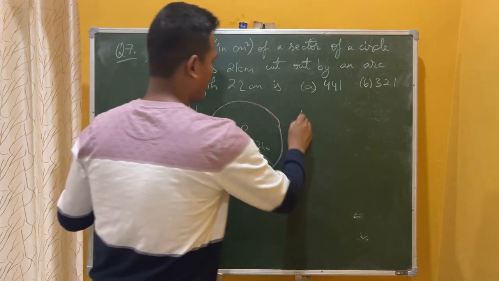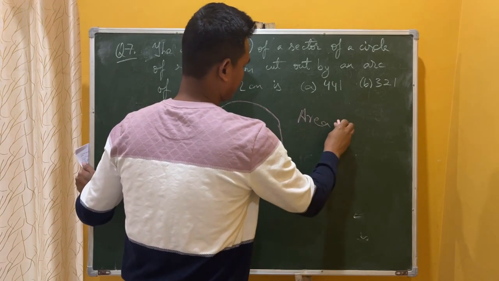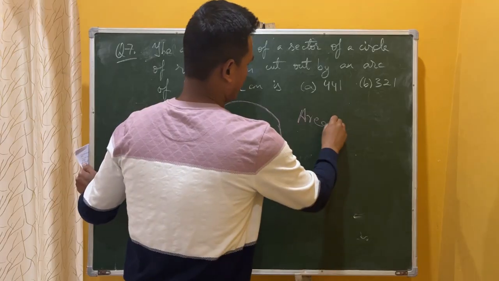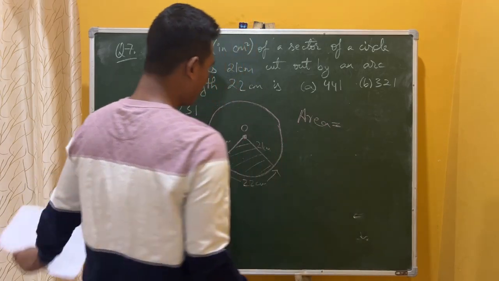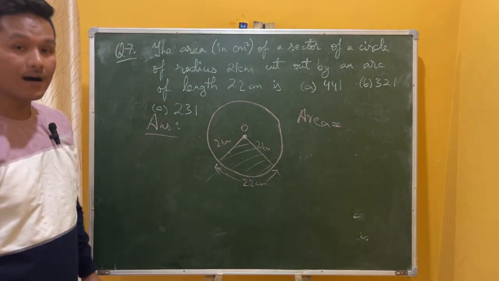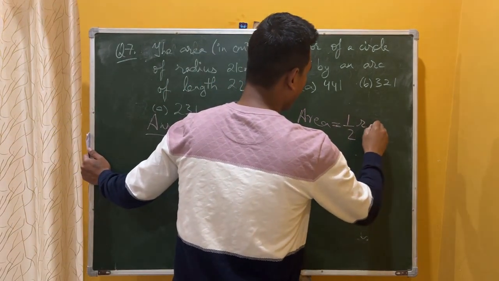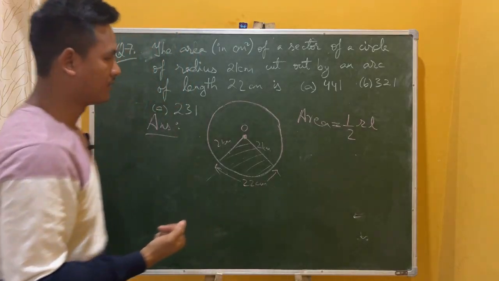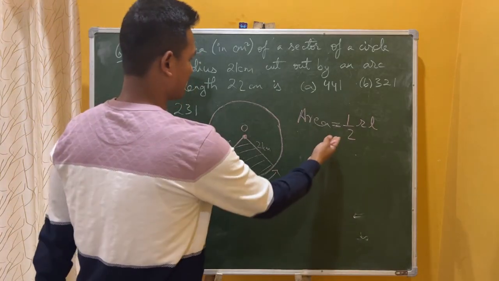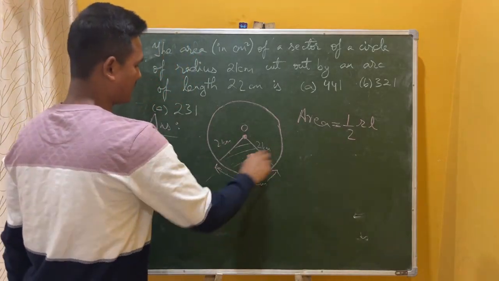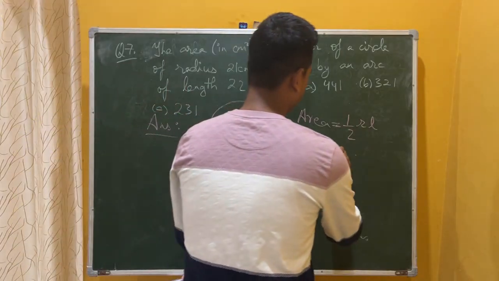So area is given by, if we know the radius and the length of the arc, the area is given by half into RL. So easy. It's like a triangle, half into base into height, something like that.